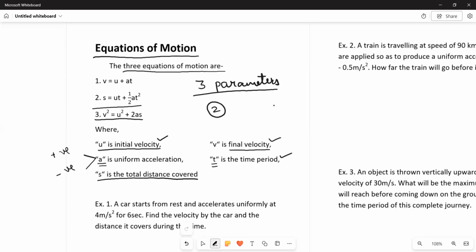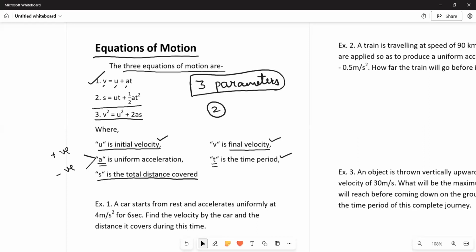And based on these 3 parameters, we'll have to determine which equation we are going to use. If we are given the final velocity, the initial velocity, and our acceleration, and we are supposed to calculate the time, we'll use this first equation.